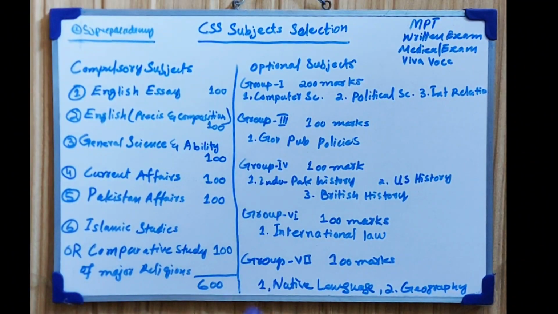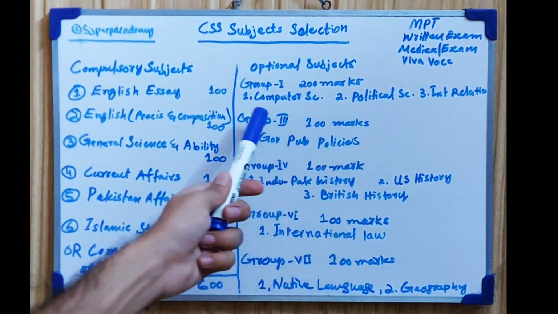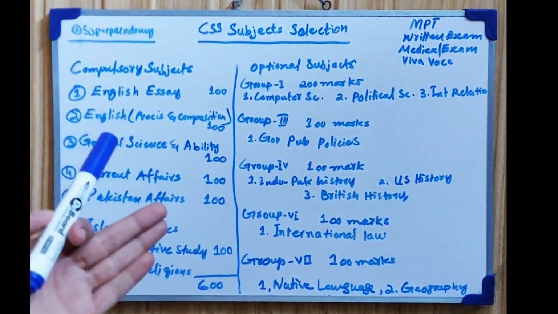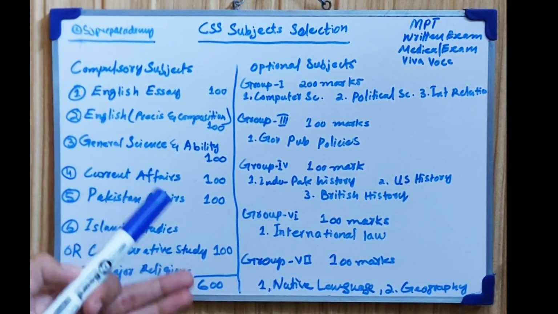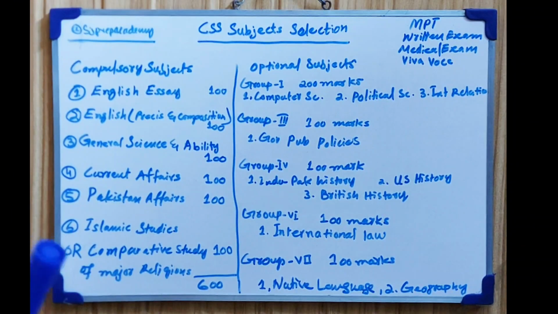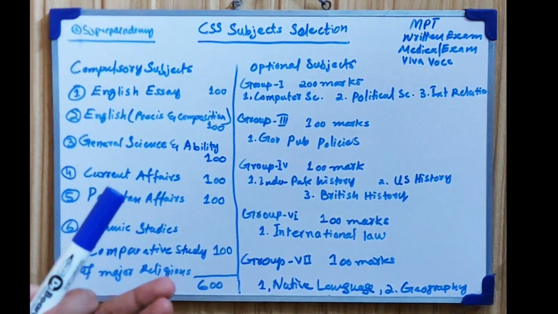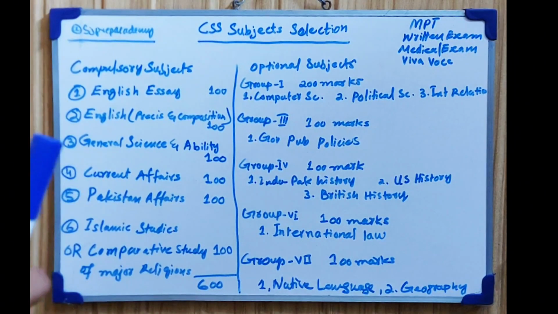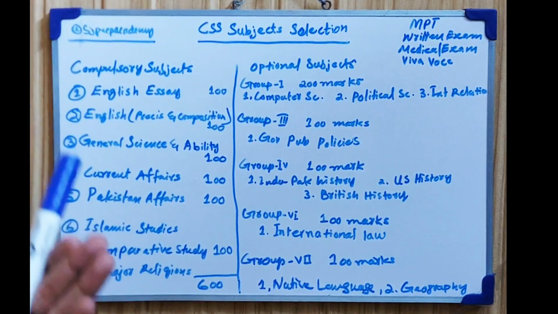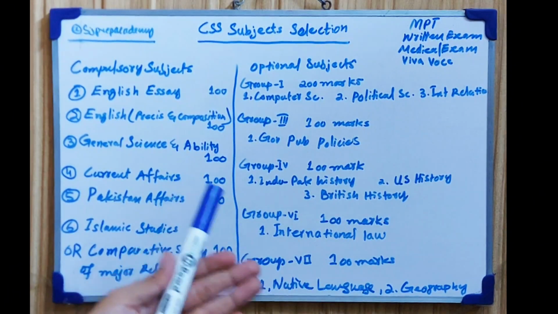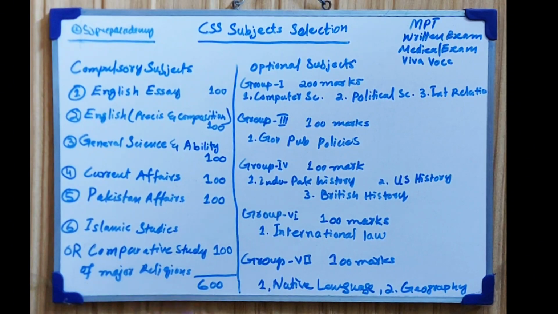I have selected a few groups that, according to my research, are high scoring subjects, and they are not only high scoring, but relatively easy to understand for candidates who are going to give their first attempt. I think these subjects would be the easiest to follow.